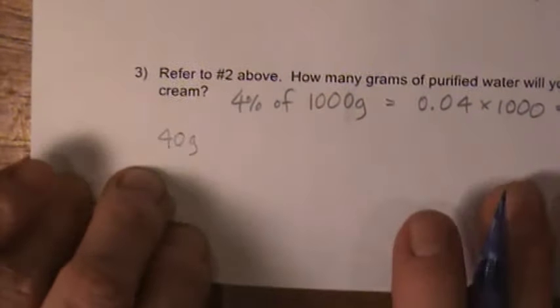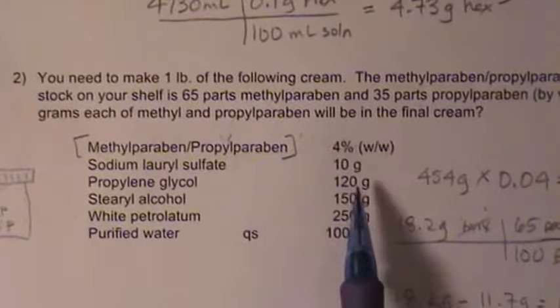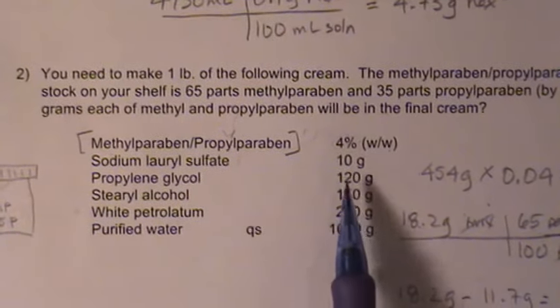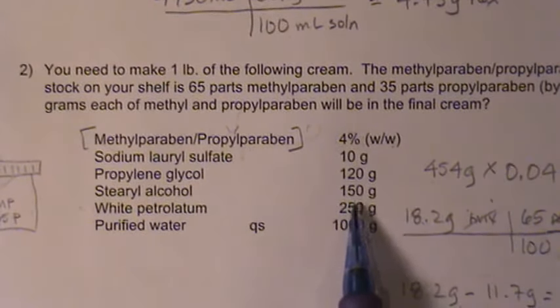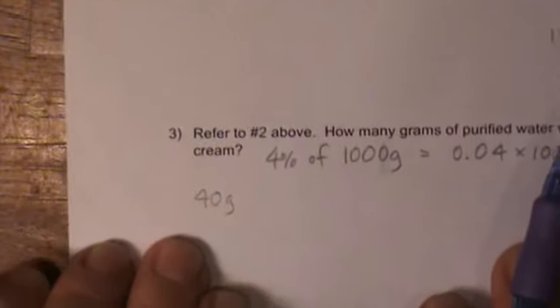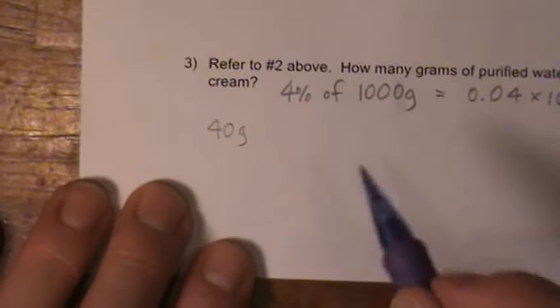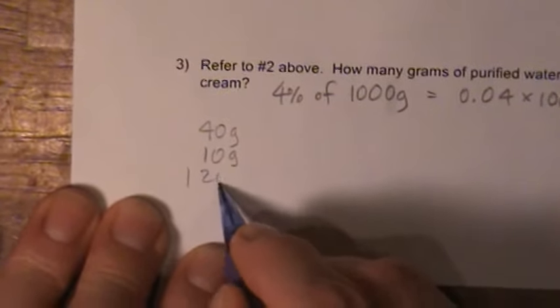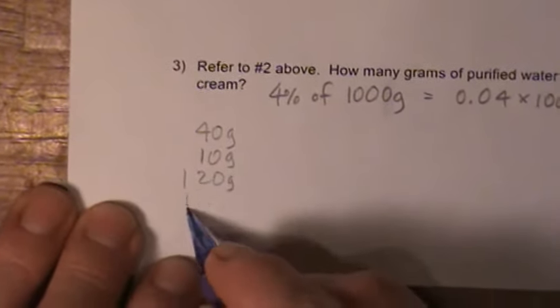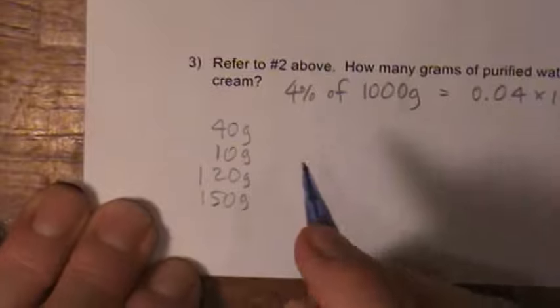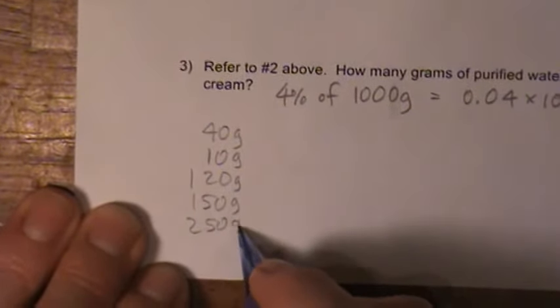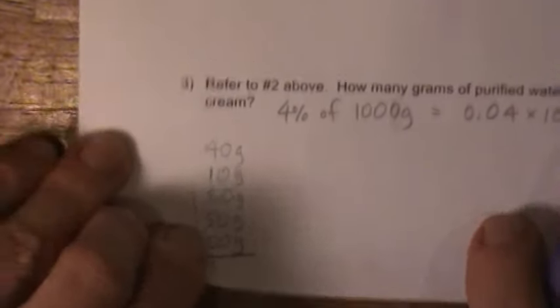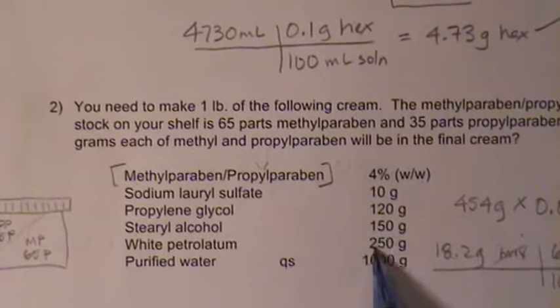All right, so I need 40 grams of that. And then I need just exactly what it says up here of all the other ingredients. So I need 10 grams plus 120 plus 150 plus 250, okay? So I'm going to add those up here, plus 10 grams plus 120 grams plus 150 grams plus 250 grams. Again, that corresponds to all of these, right?